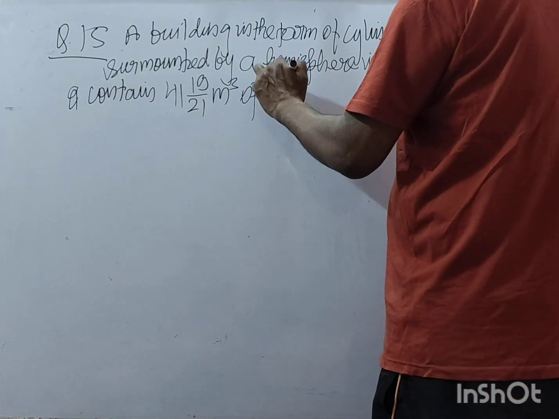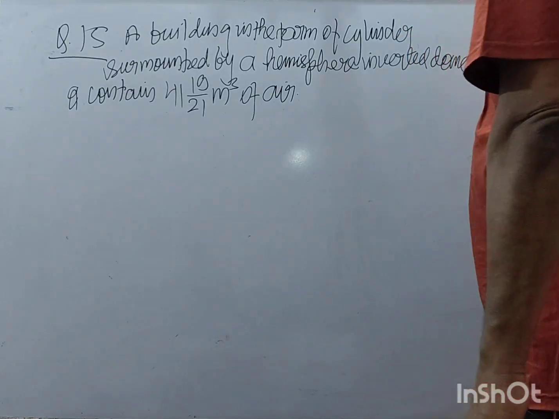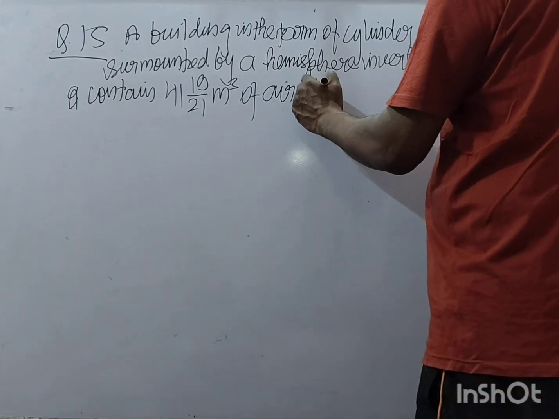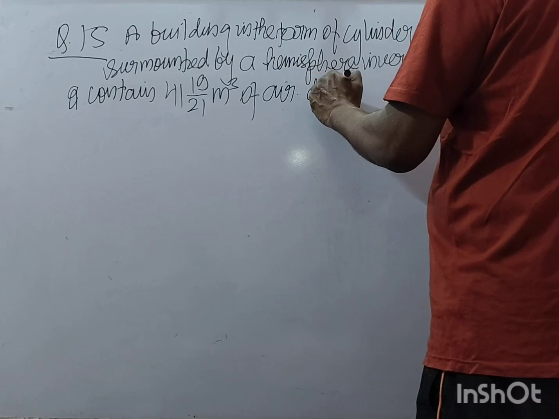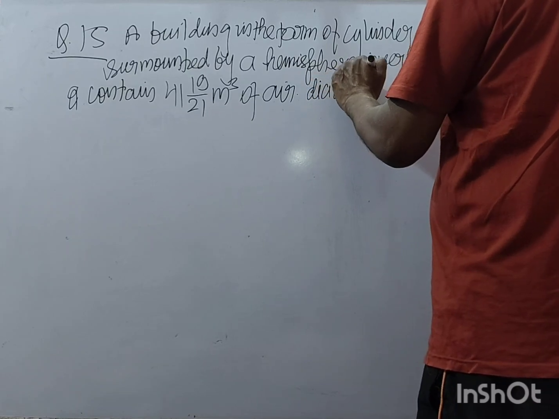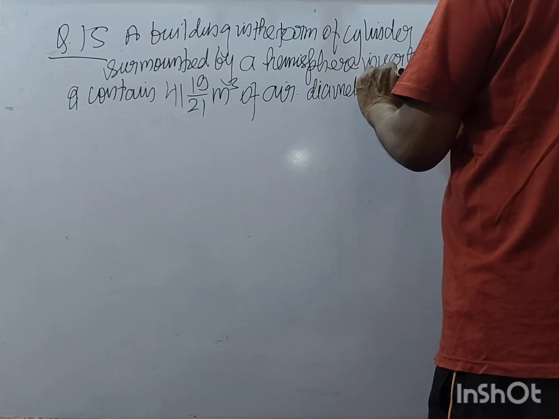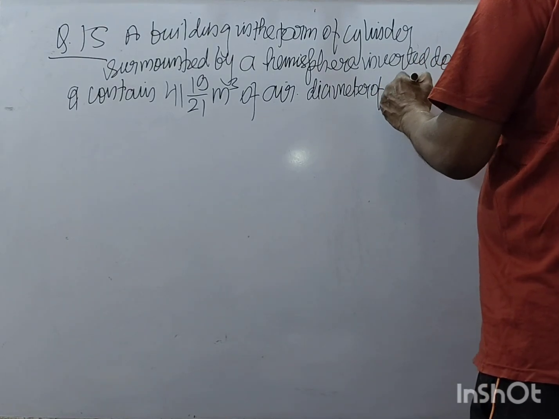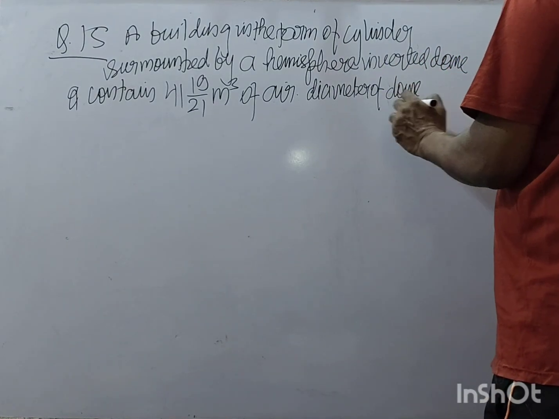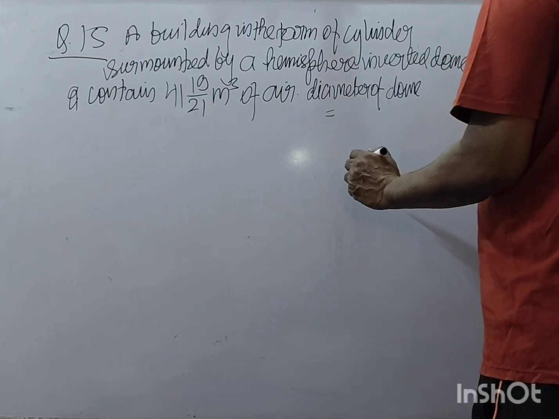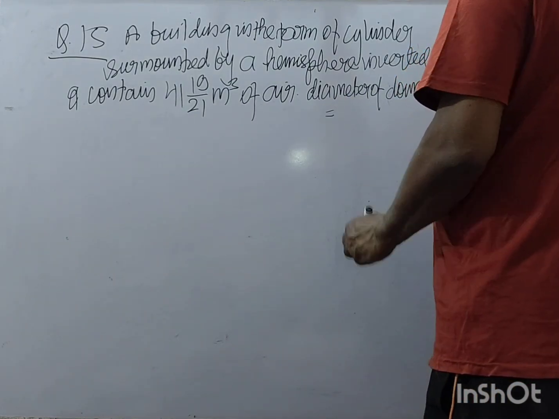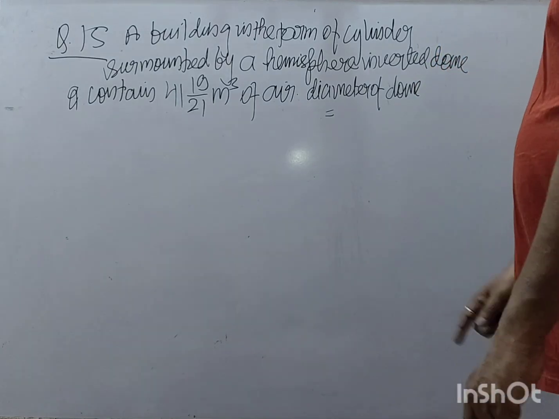If the internal diameter of the dome is equal to the total height of the building, find the height of the building.